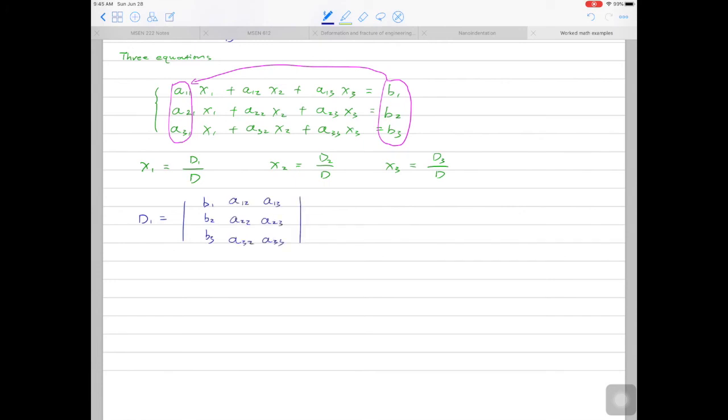The same approach applies to d2. In d2, these coefficients will be replaced by b. For d3, it's exactly the same approach. These coefficients will be replaced by b, and we take the determinant of this matrix.